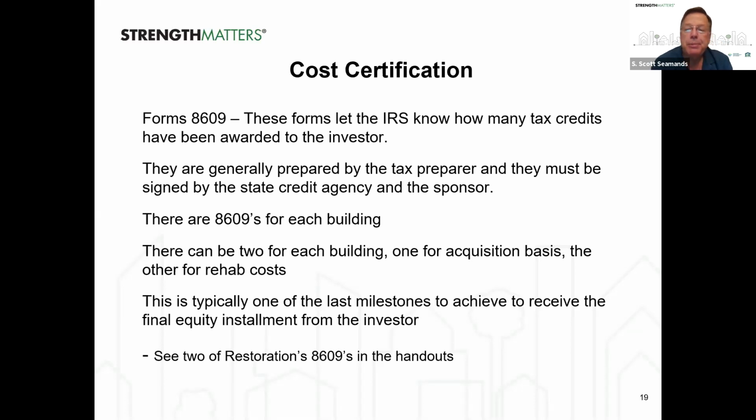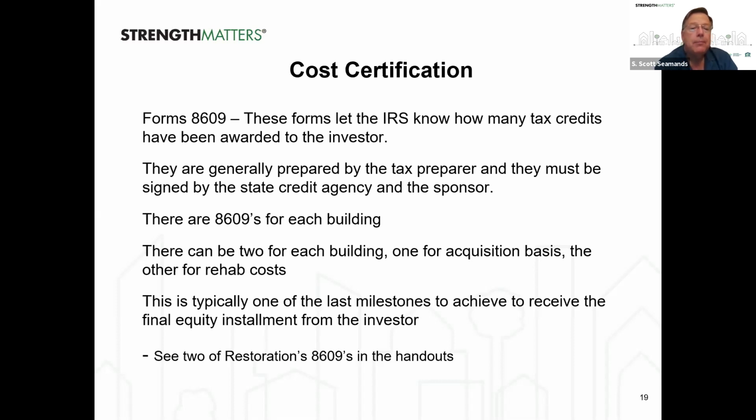So imagine there's going to be one 8609 form for each one of those 40 buildings between the acquisition and the rehab costs. So you've got a lot of 8609s to attach to your partnership return, in that case about 40 of them. And it has to be attached every year for the entire 10 years that you're claiming the credits.